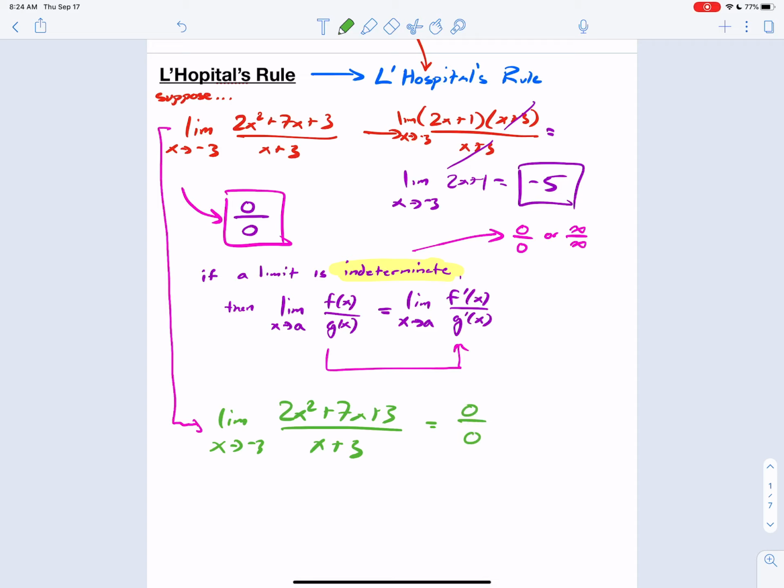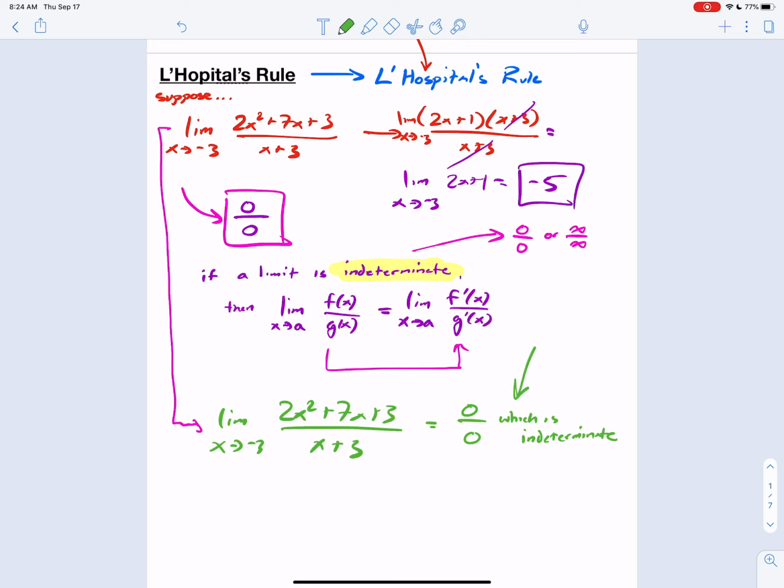Now, this is the minor detail that you guys have to catch. When you say equals 0 over 0, you have to say which is indeterminate. Do not write equals indeterminate, okay? Because when you write the term equal, you're equating it to a value, all right? So this is a minor detail that you have to pick up.